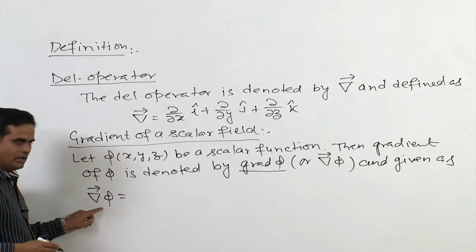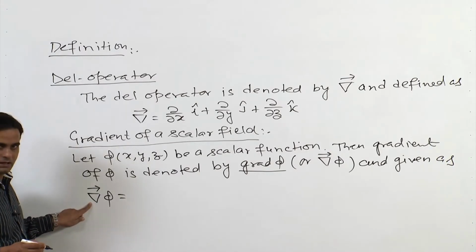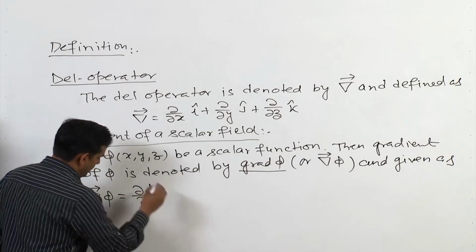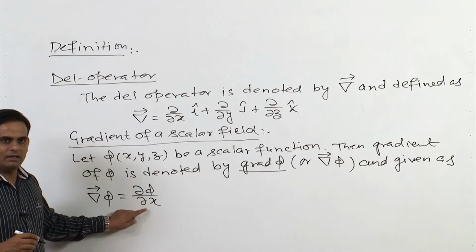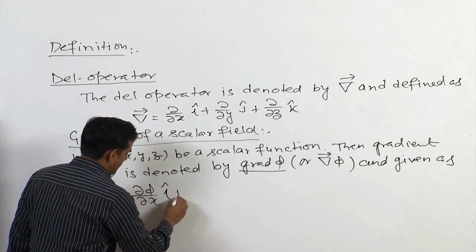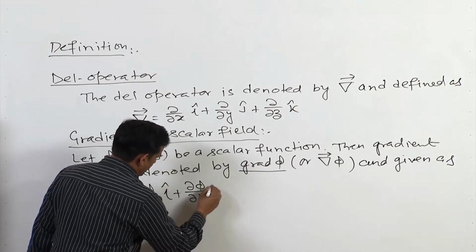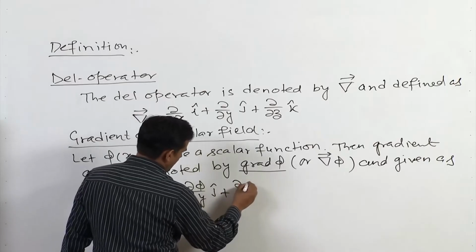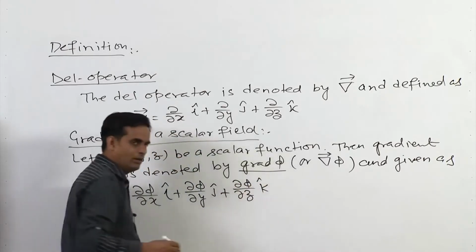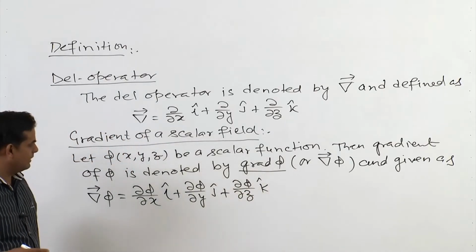Please note that phi is a scalar function, but when I operate on it with the del operator, it becomes del phi over del x, the partial derivative of phi with respect to x, times i, plus del phi over del y times j, plus del phi over del z times k, the component in the direction of k.